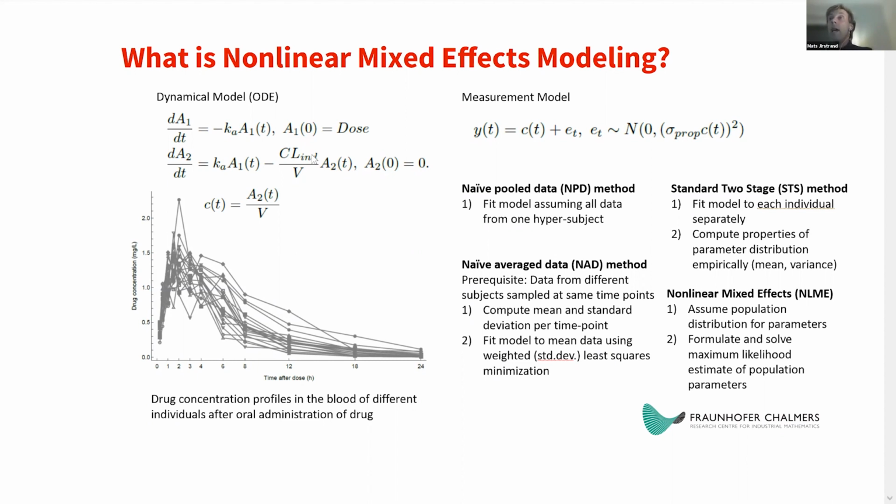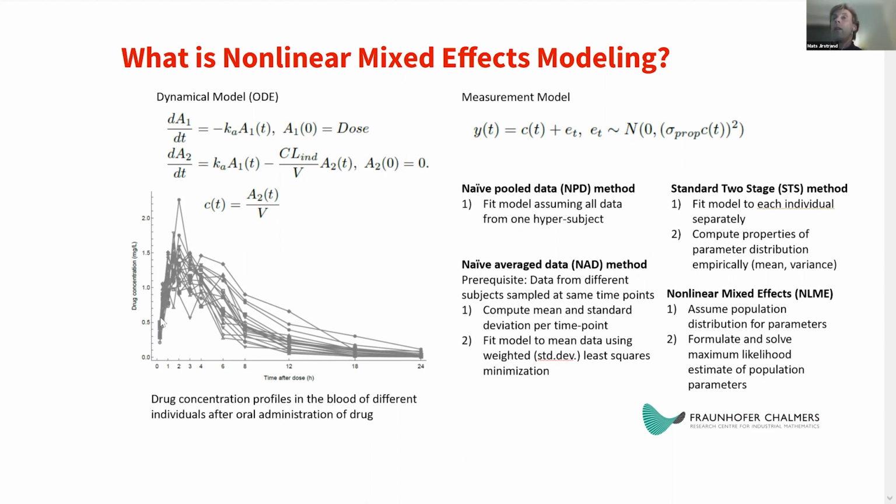Then we have the naive average data method, where if you have samples at the same time points for all individuals, as we have in this particular case, we can empirically compute the mean value and the standard deviation of the data. And then we can fit the model to this mean data using weighted least squares. So where we have a large spread between data points, we will down weight, so to say, that influence on the parameter estimates.